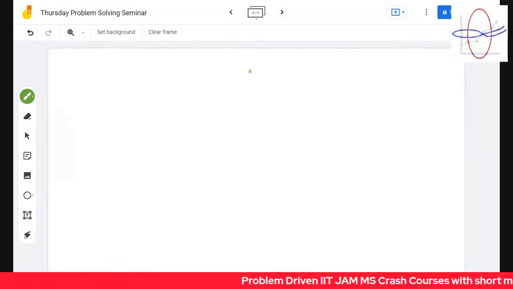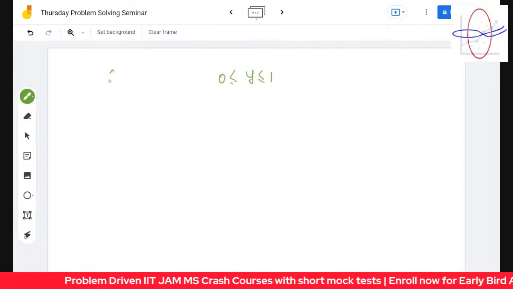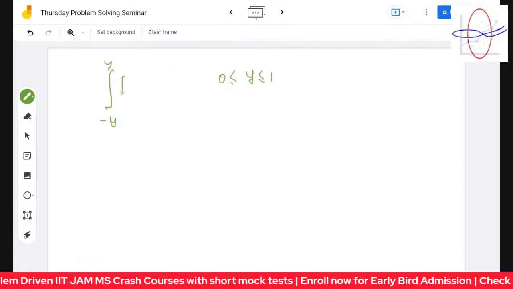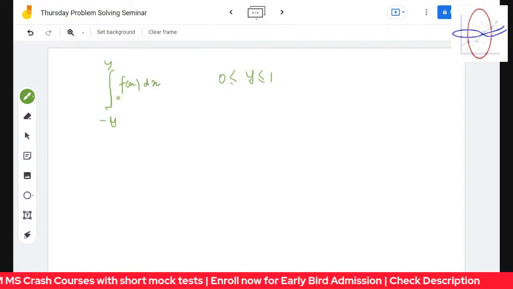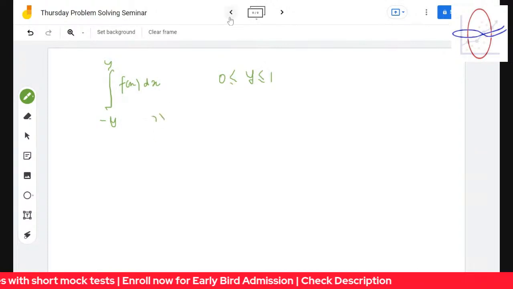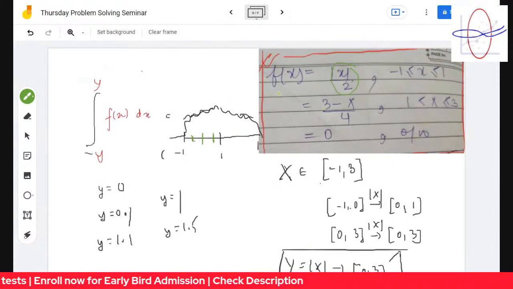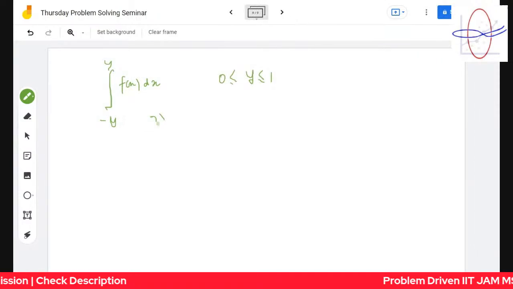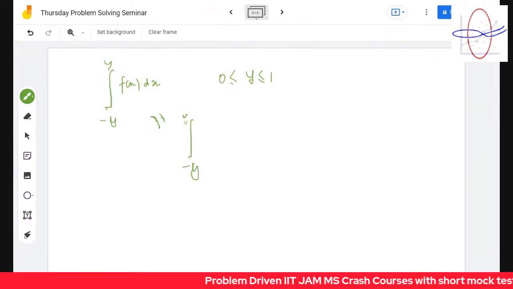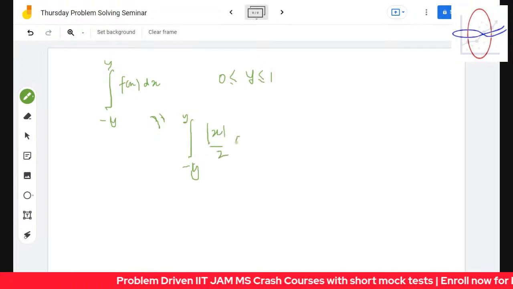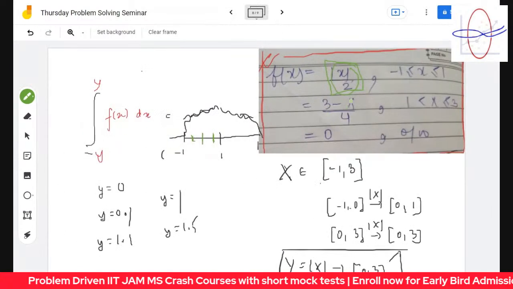So understand, for y less than or equal to 1 and greater than or equal to 0, it will be the integral from minus y to y of f(x) dx. Now if y is between 0 and 1, that means it will be a part of this. So it will be equal to the integral from minus y to y of mod x by 2 dx. All of you understood this?